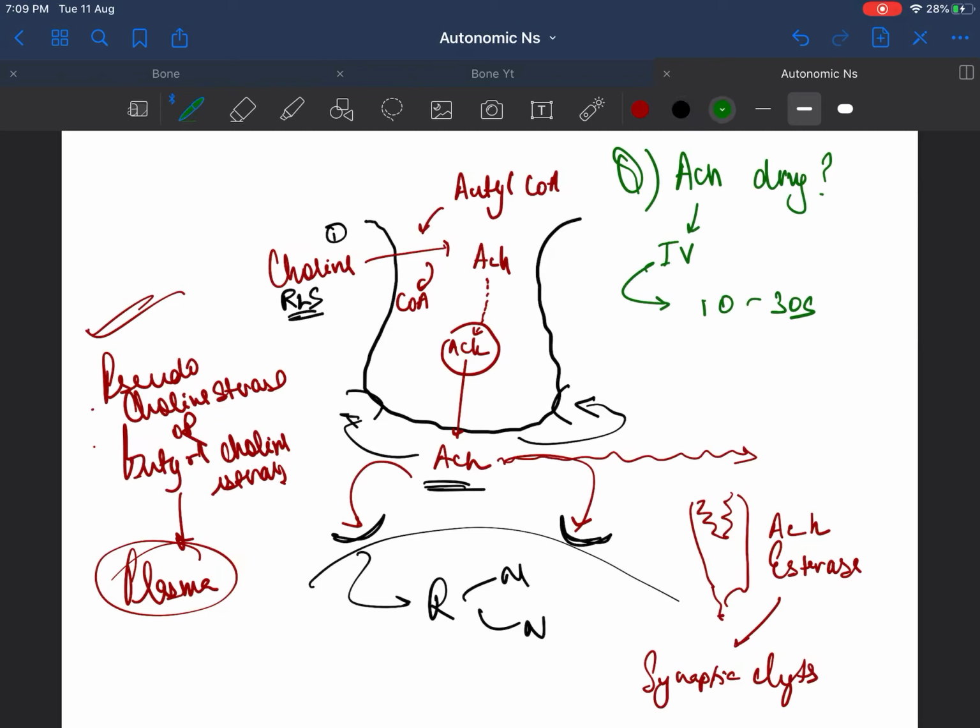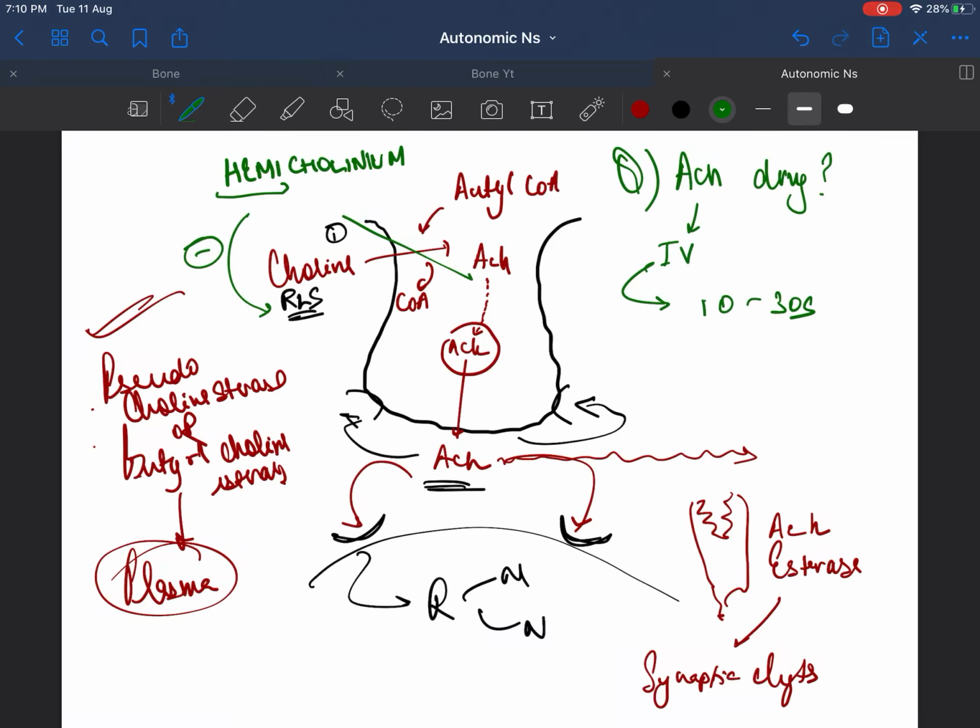So one of the drugs that we have to learn about is hemicholinium. So hemicholinium, it actually inhibits the rate limiting step, and you can remember it easily. Hemi means aadha, or half. So only half the choline is allowed to enter, and this will lead to less formation.